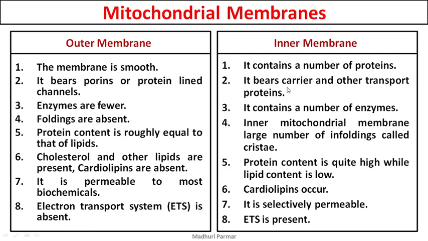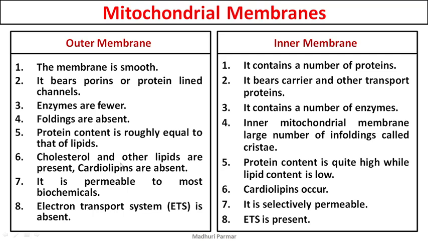The inner membrane has carriers and other transport proteins, but it is selectively permeable. The enzymes in the outer membrane are fewer, while the inner membrane contains a lot of enzymes. The foldings are absent in the outer membrane, while the inner mitochondrial membrane has a large number of infoldings called cristae.